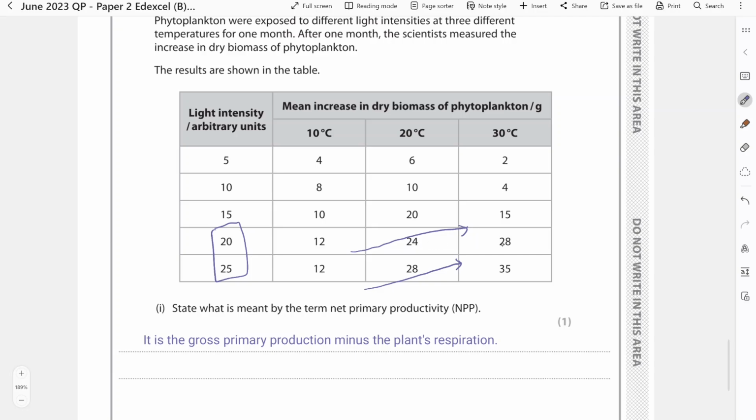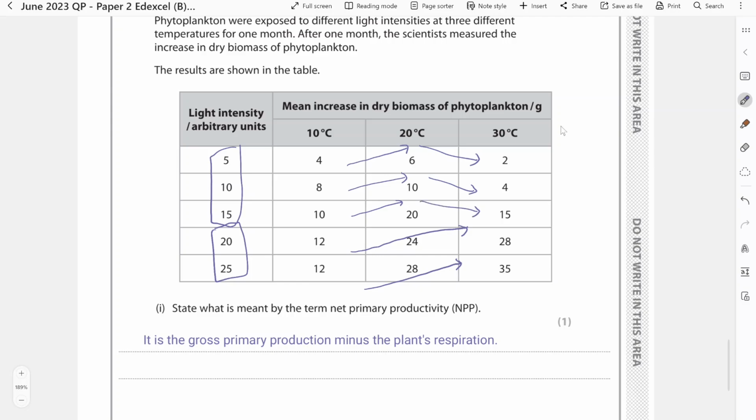So 11, 24, 28, 12, 24, 28, 12, 28, 35. Whereas for lower light intensities, we don't see that trend. We see that it actually peaks at 20 degrees and then goes down. So we can see that for all 3 light intensities.